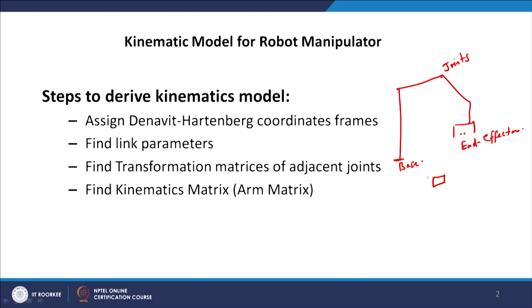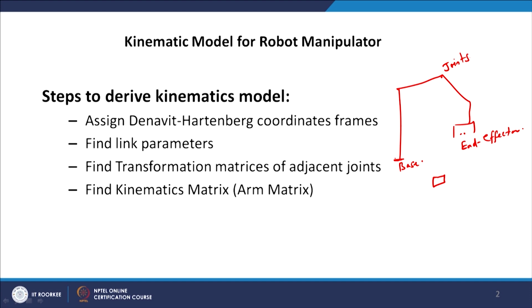For doing this we should attach various coordinate frames, and the position and orientation will be expressed in terms of homogeneous transformation as we have seen in the previous lectures.